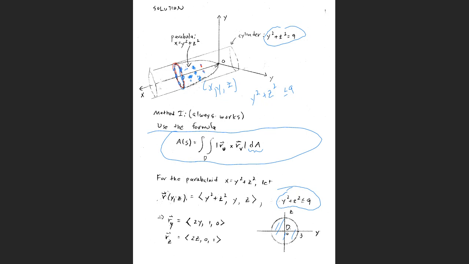I could use dz dy. However, my region D is a circle, so maybe instead of using rectangular coordinates, I should use polar coordinates.